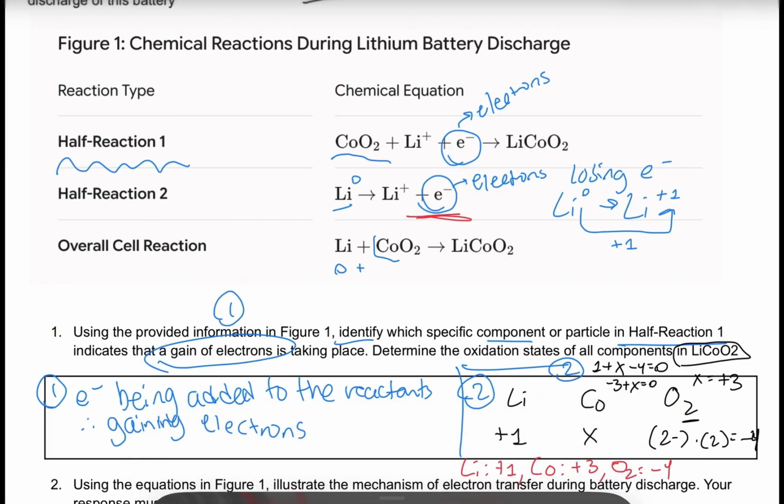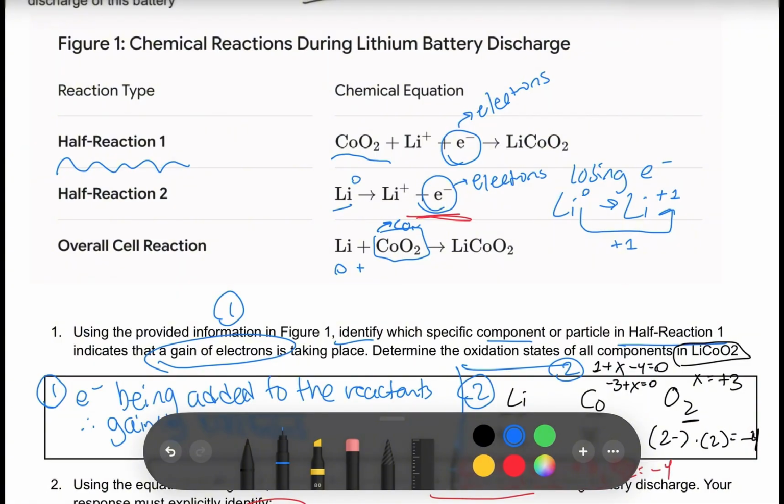Now since CoO2 is a compound, it's going to have to add up to 0. So we know that oxygen has an oxidation number of -2 times the 2 that we have here, which gives us -4. So since that's a -4, and this whole thing has to be neutral, Co is going to be +4 in this case, in order for the whole compound to equal 0.